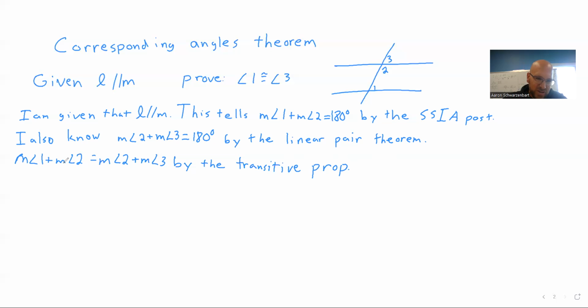So if I subtract the measure of angle 2 from both sides, that will cancel out.